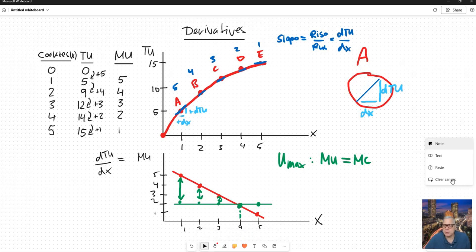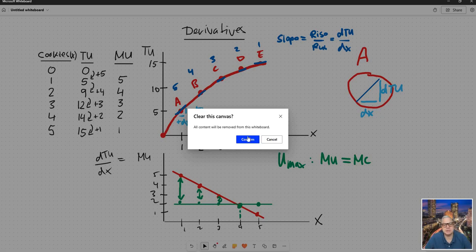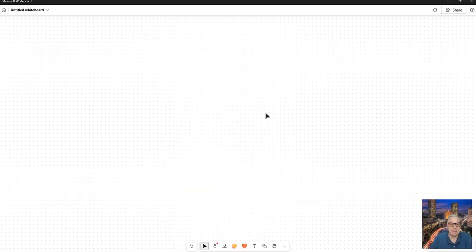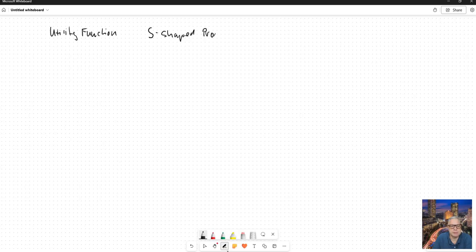Okay, let's continue with a couple of other examples, and let's just clear this canvas. So we have learned about three typical functions that are used quite often in economics. The first one was a utility function. Then we had an S-shaped production function.